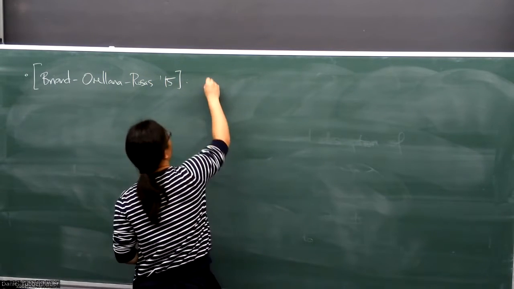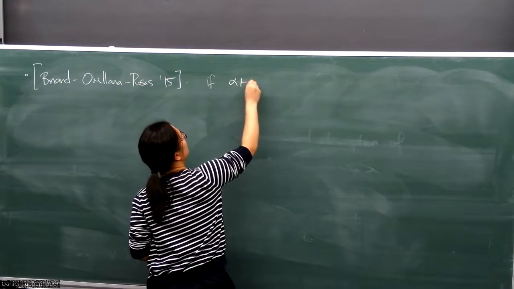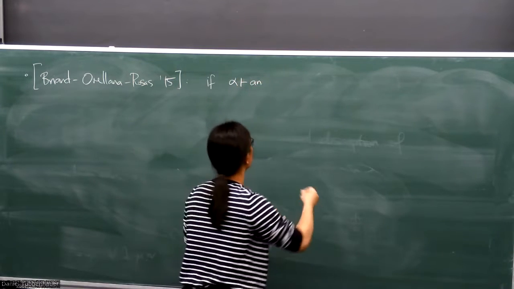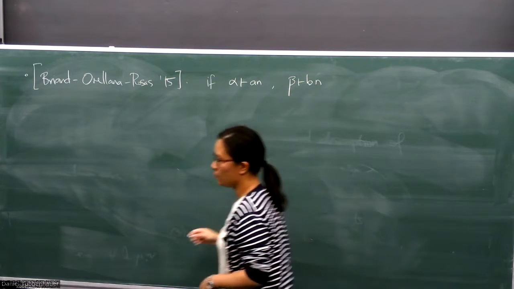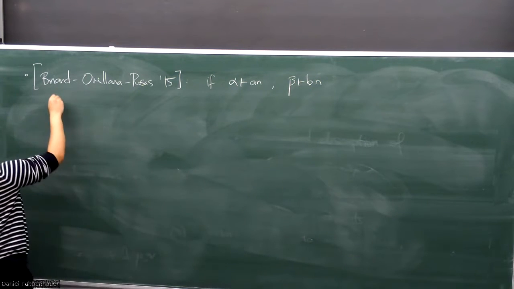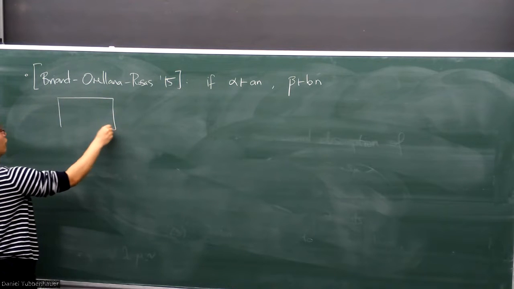So if we have two partitions, let's say alpha has size an for some a, and beta has size bn for some b, and in particular, they are very nice in the following sense.